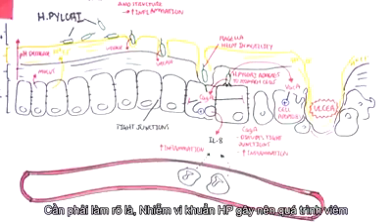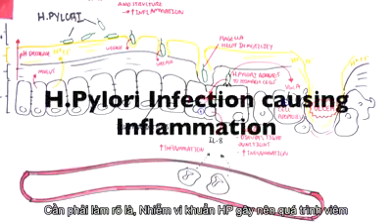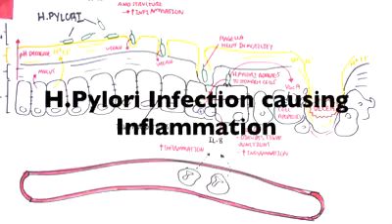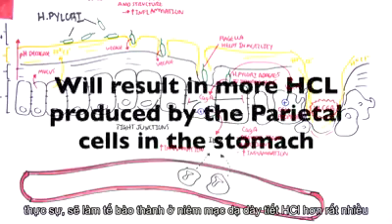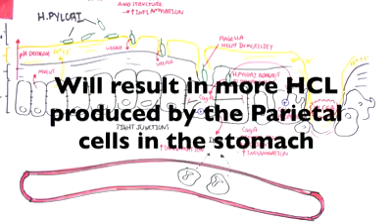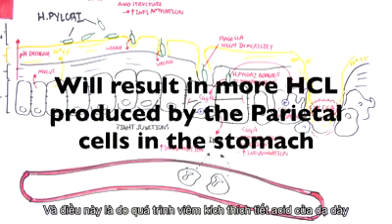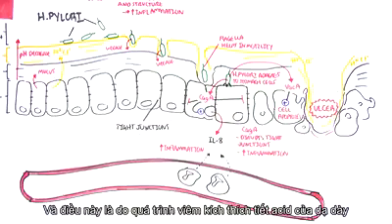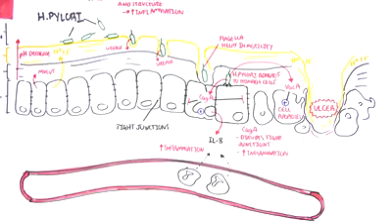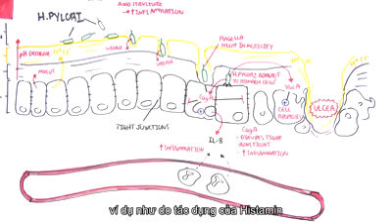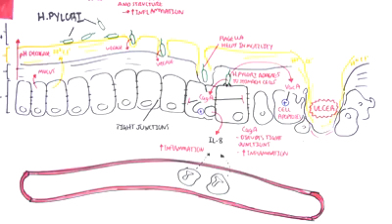It should be pointed out that the H. pylori infection in the stomach, which will promote inflammation, will actually result in a lot more hydrochloric acid being produced by the parietal cells. And this is because inflammation essentially promotes hydrochloric acid secretion in the stomach due to histamine, for example.